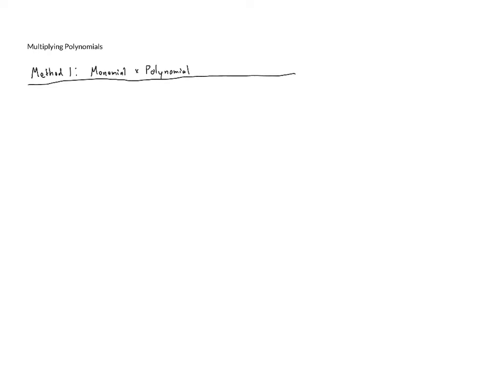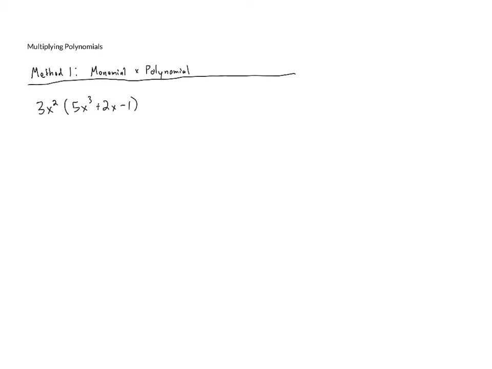And the example we'll look at is 3x squared times 5x cubed plus 2x minus 1. Now, the requirement for using this method is that one of them has to be a monomial. And in this case, the monomial is 3x squared.